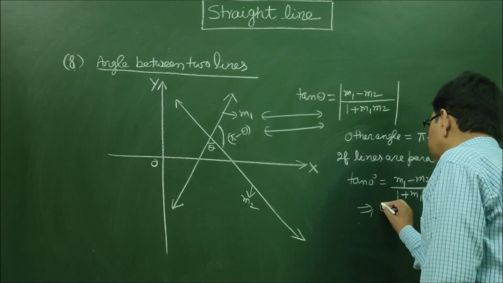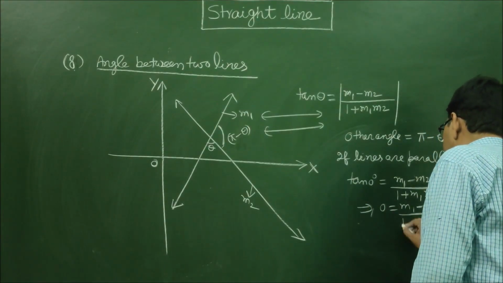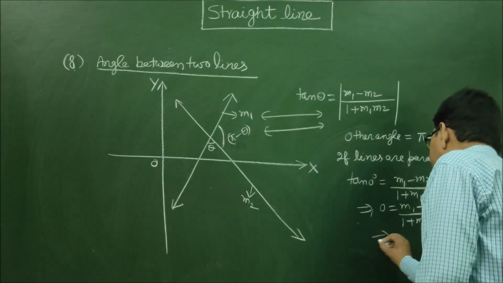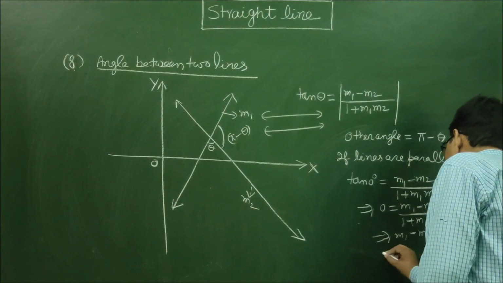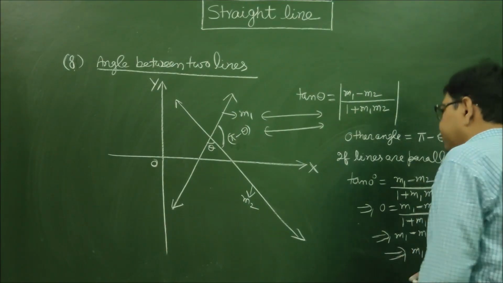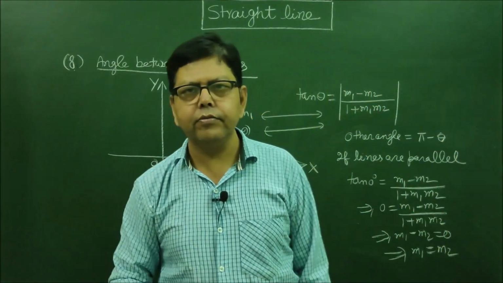So 0 is equal to m1 minus m2 upon 1 plus m1 m2, that is, m1 minus m2 is equal to 0, or we can say m1 is equal to m2. So if two lines have the same slope, it means they are parallel.